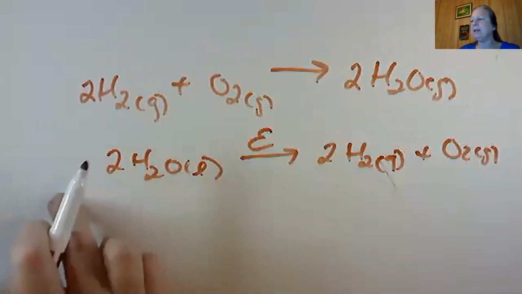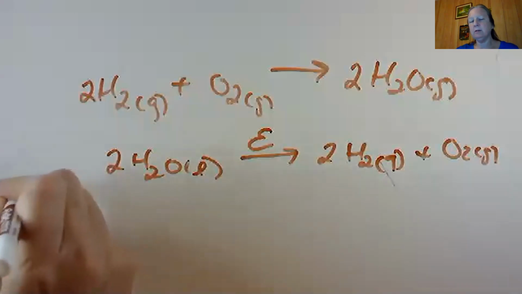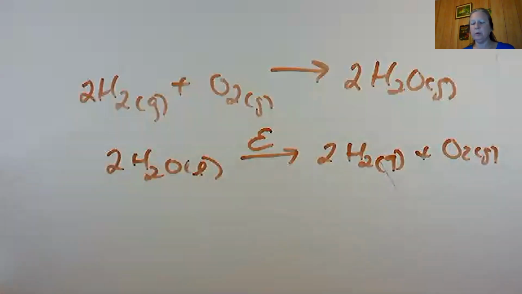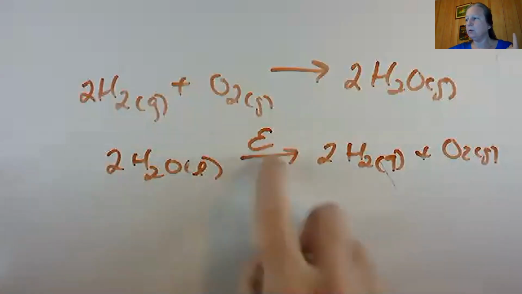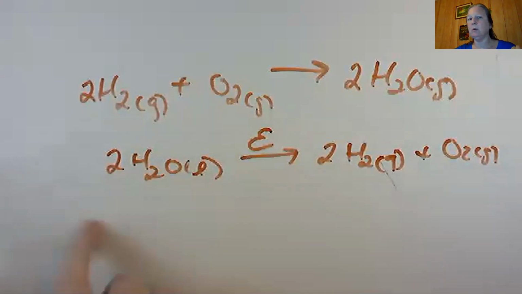Sometimes you'll put heat in on either side, and we will get to a point where we'll have you do a little bit. So in this course, if you're expected to write heat as part of the equation, you'll be told. So you don't have to try to guess when do I do this, when do I not. But oftentimes you will see either over the arrow, heat or energy, or as part of the equation.